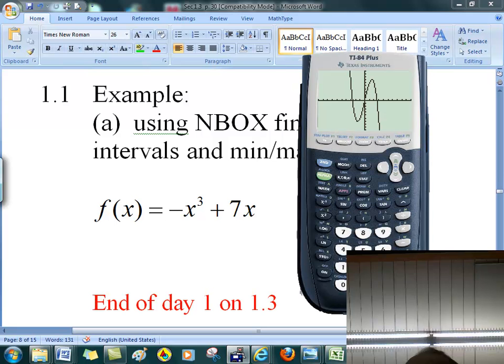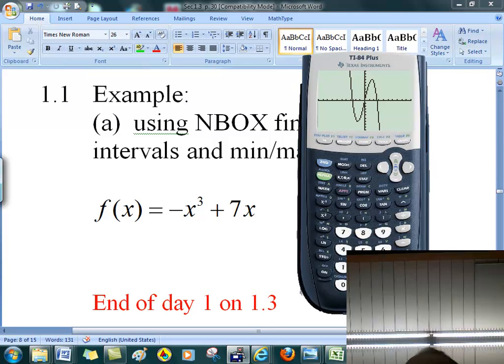So everybody get a graph like that? What you want to do is first find this minimum point here. You're going to go second, calc, number 3, minimum. Move the cursor over to the left of the minimum point. Hit enter. Move it to the right of the minimum point.